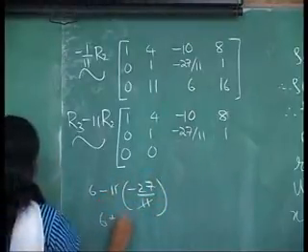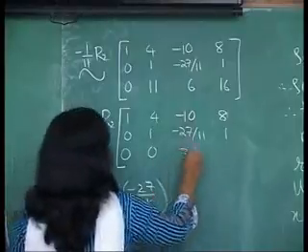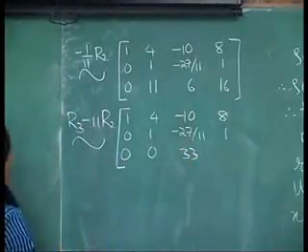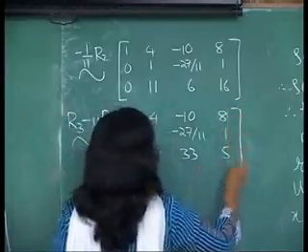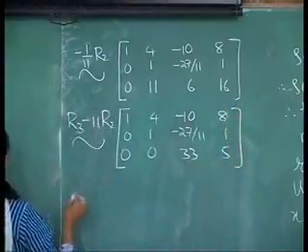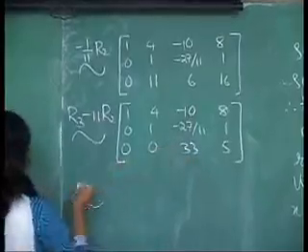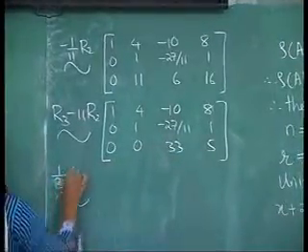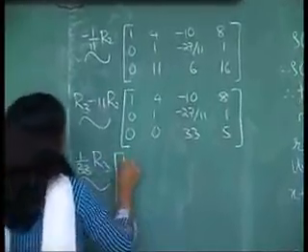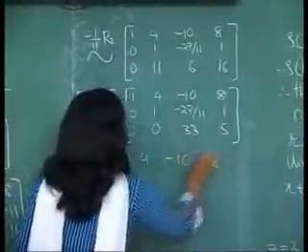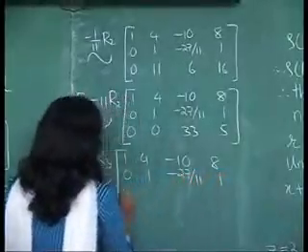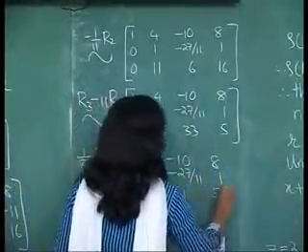This will be 6 plus 27, 33, and 16 minus 11 will be 5. Then let me divide the third row by 33. So I will get 1 4 minus 10 8, 0 1 minus 27 by 11 1, 0 0 1 5 by 33.